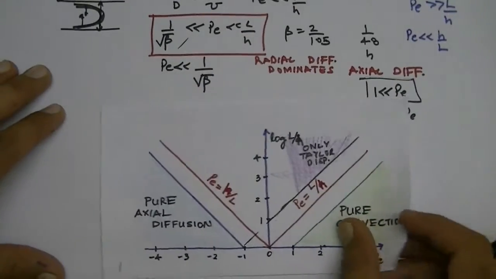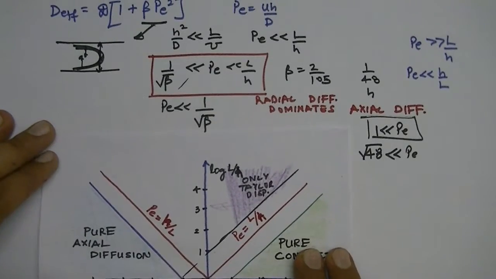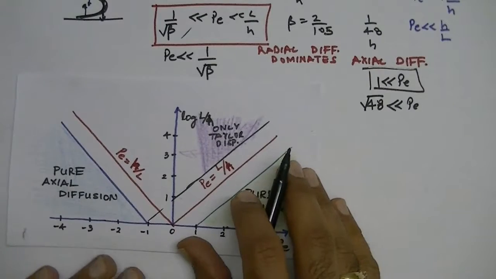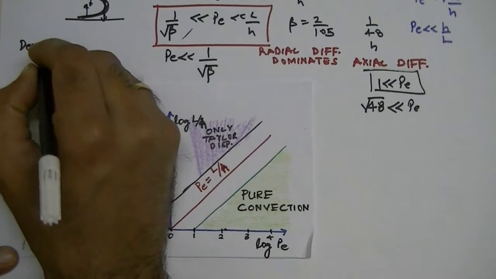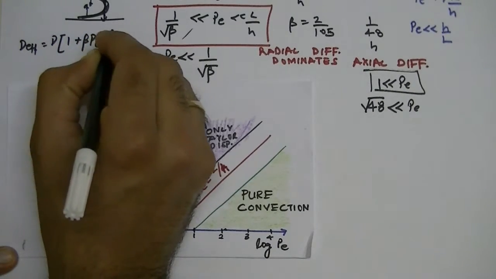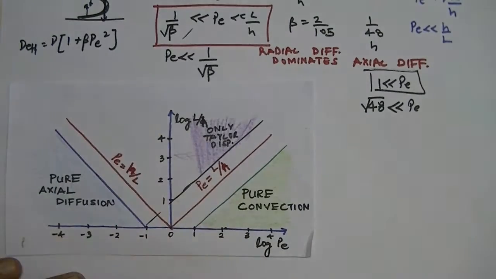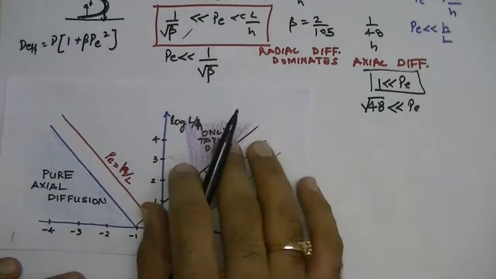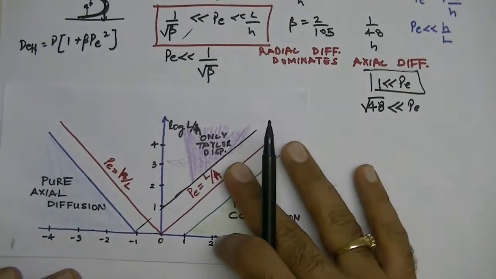In this case, we see that in the equation for effective diffusivity, which is given by D times 1 plus beta times Peclet number squared, only the first term dominates when the Peclet number is significantly smaller than 1 over square root of beta.